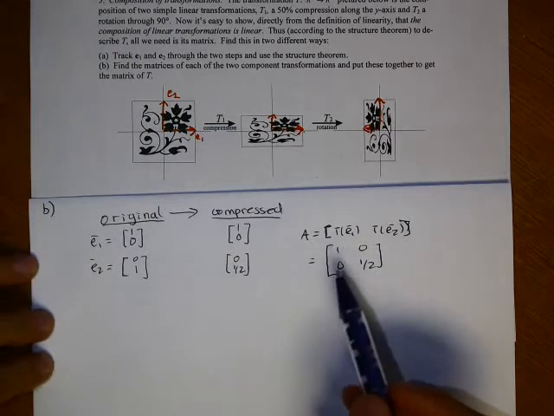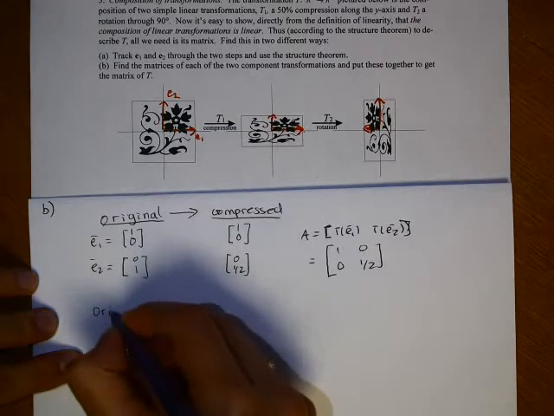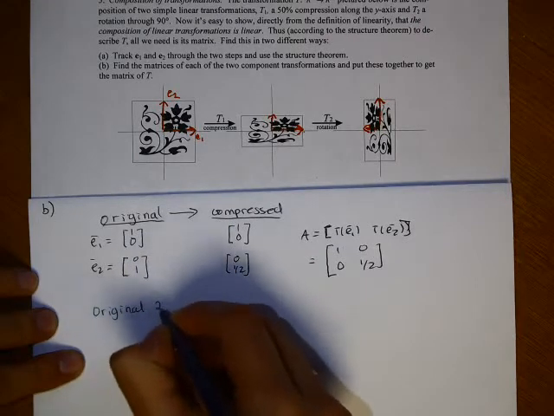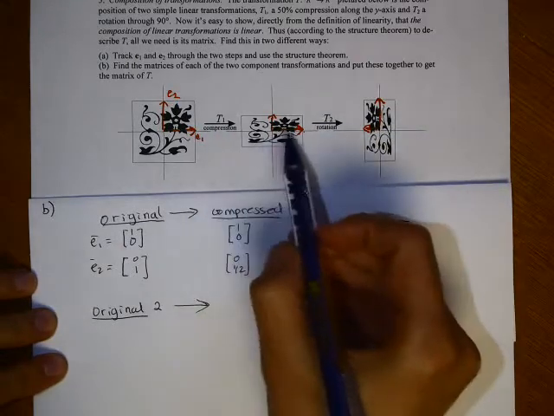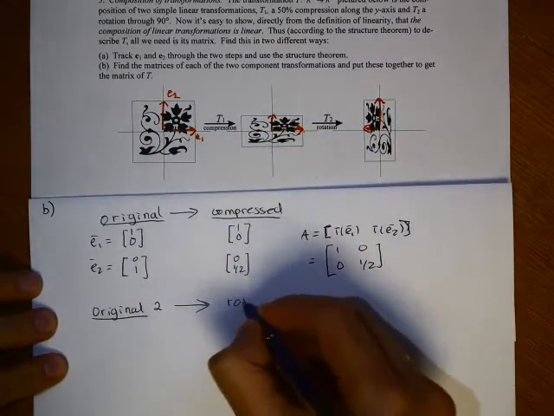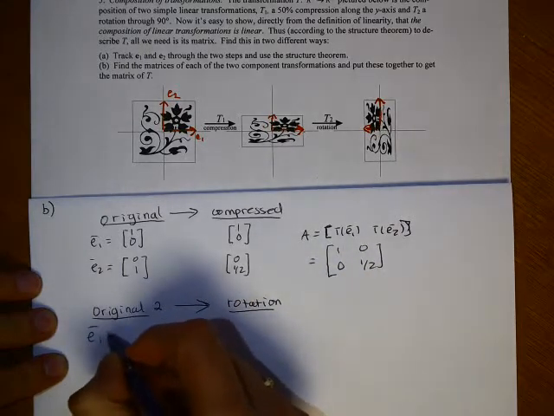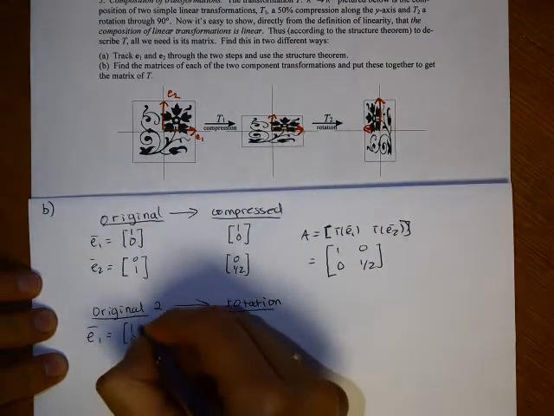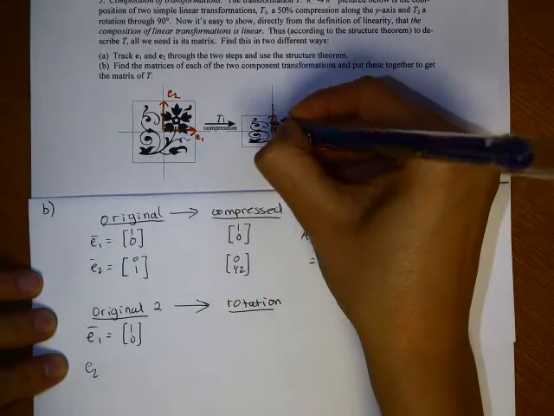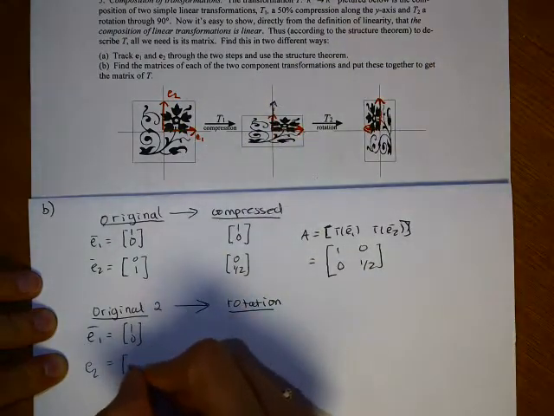Now let's just forget about this for a second and pretend this is our original picture. So let's just call that original 2. So now just look at this picture instead of this picture as our starting point. So we have our E1 vector is actually the same in this case. And our E2 vector is actually going to go up to here, because our E2 vector is equal to (0, 1).